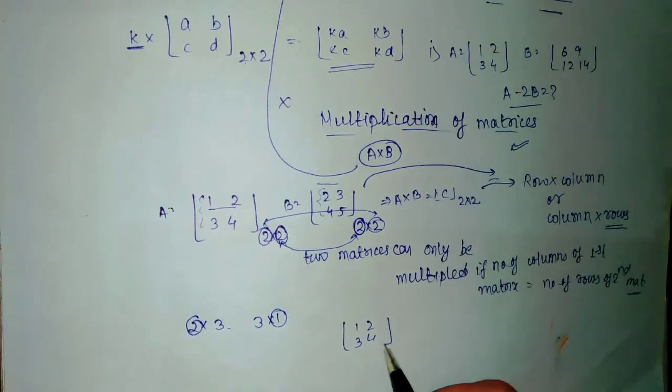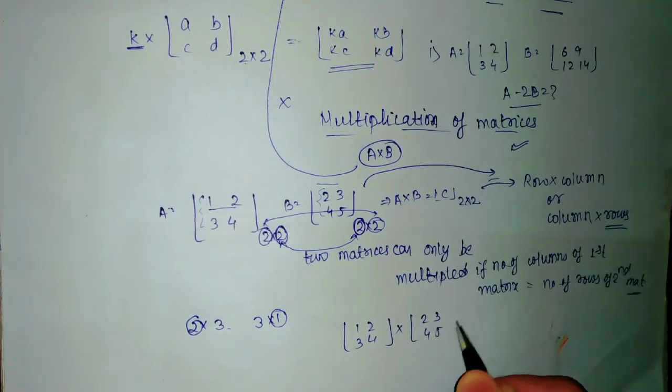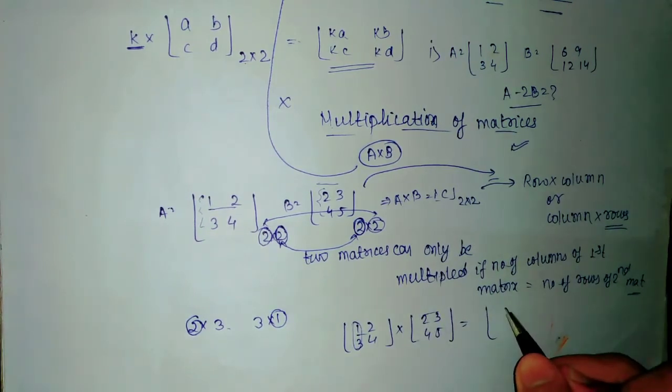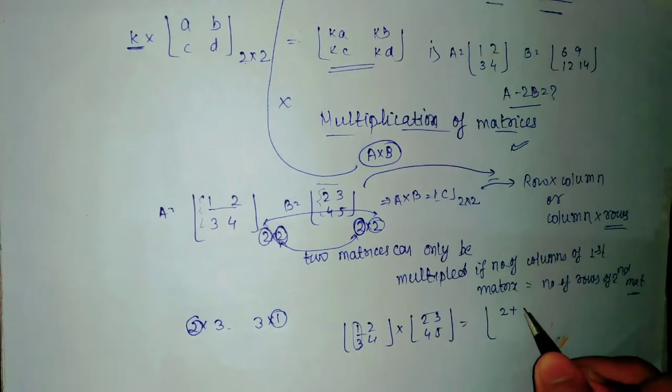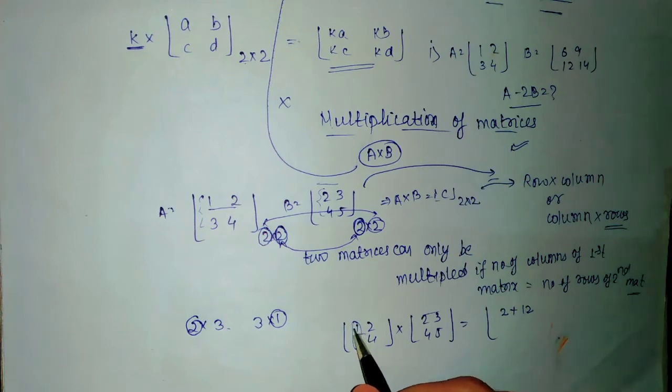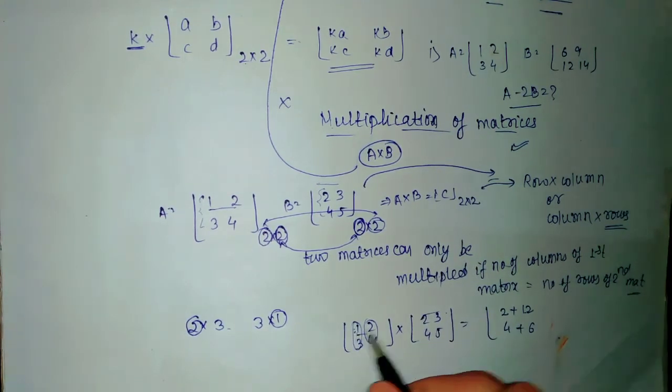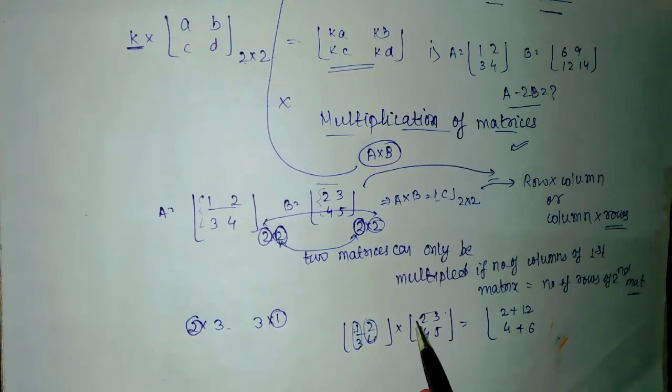Now come to this multiplication of matrices. 1, 2, 3, 4 into 2, 3, 4, 5. Just do as I said, multiplication of rows into columns.